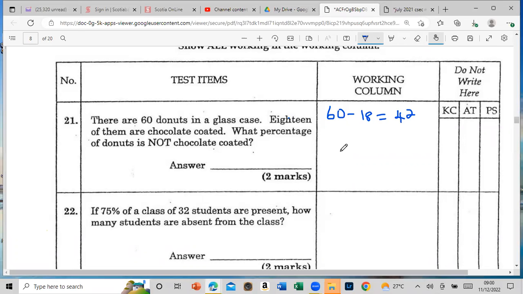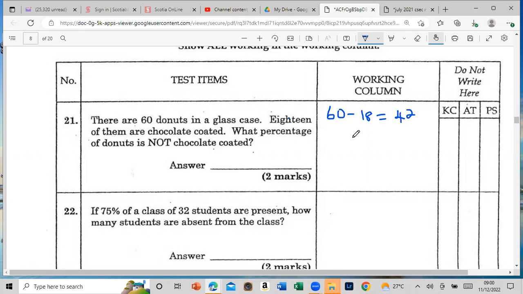You divide 42 by 100. Why by 100? Just curious. A percentage will be out of 100. Yeah, I understand.